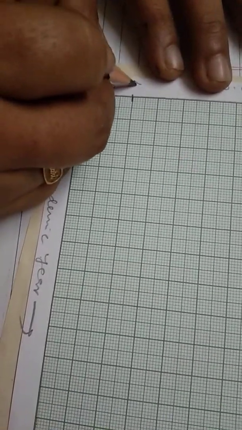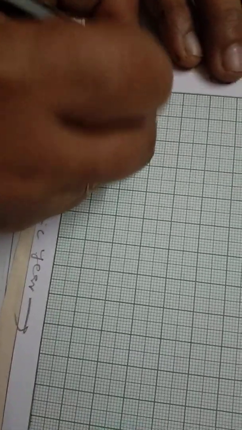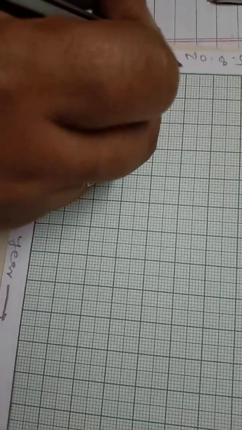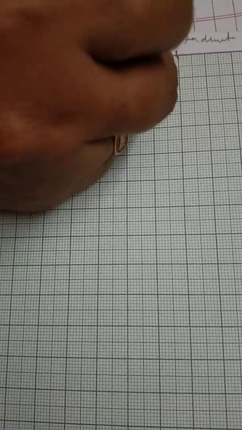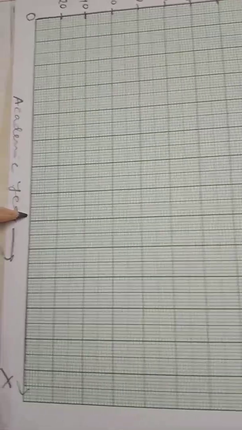The second column is 40, then 60, 80, 100, 120, 140, 160, 180, 200. 180 is near the maximum value, so I have represented up to 200. Okay, the y-axis is done. Now on the x-axis we are going to represent the years.